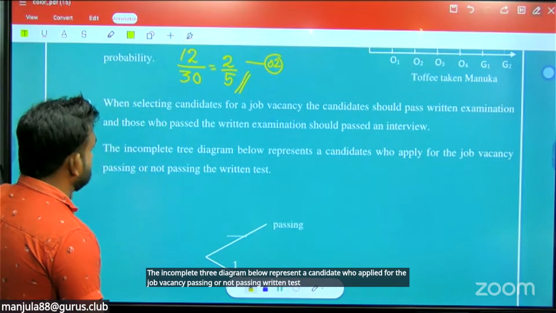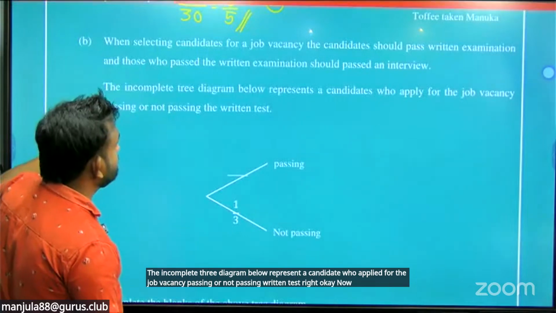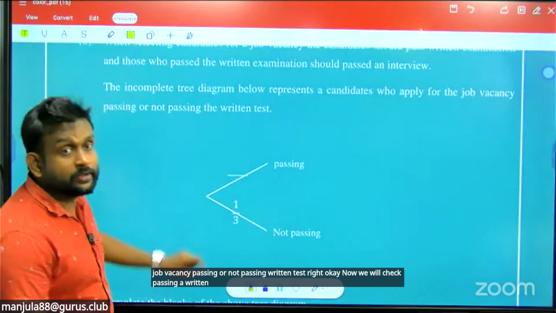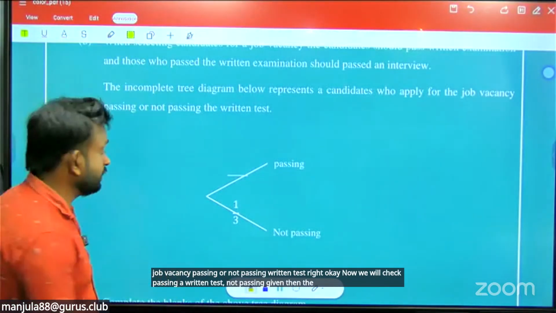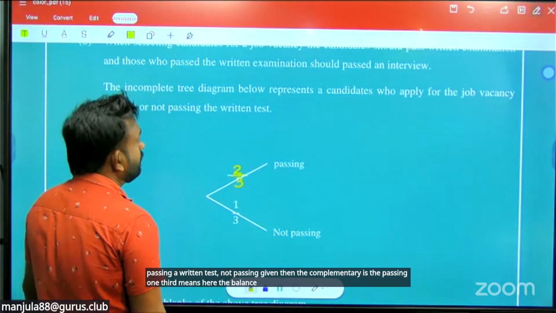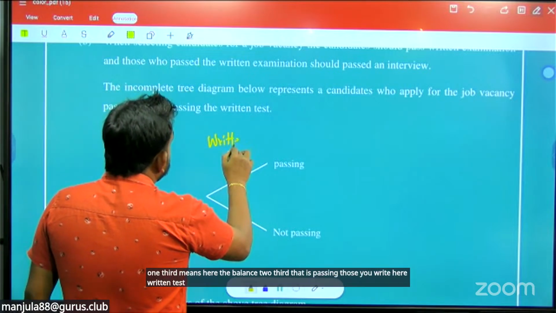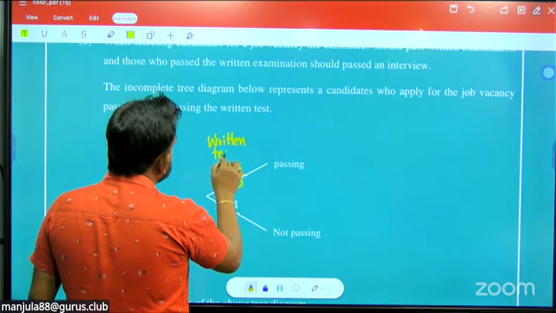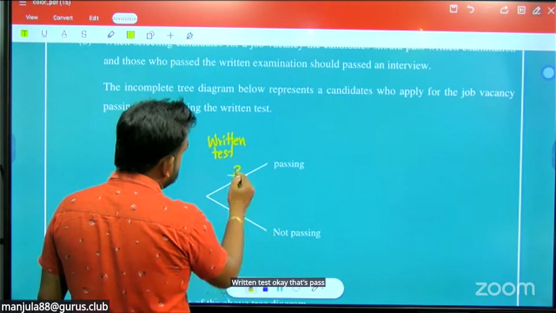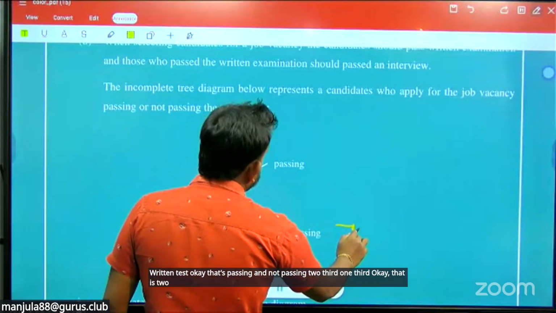Now we check: not passing is given as 1/3, then the complementary, passing, is the balance, 2/3. You write here written test, passing and not passing, 2/3, 1/3. That is 2 marks there.